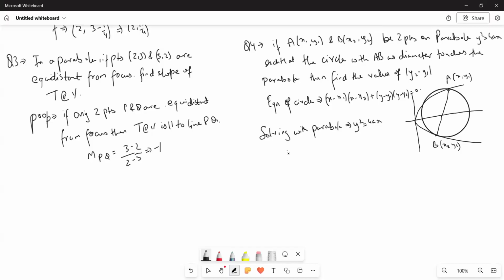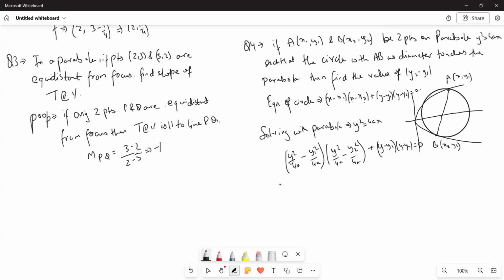So x will become y square by 4a minus x1 would be y1 square by 4a, then y square by 4a minus x2 would be y2 square by 4a, plus y minus y1 into y minus y2 is equal to 0.